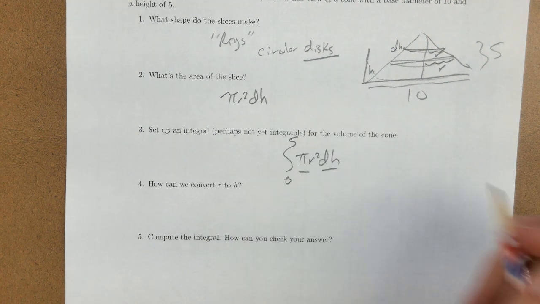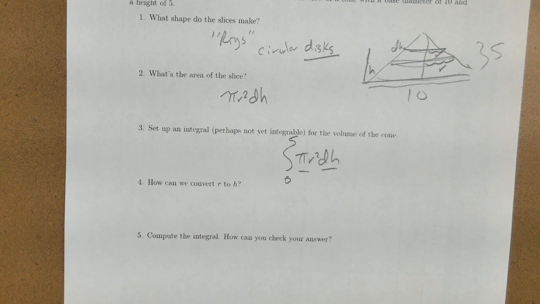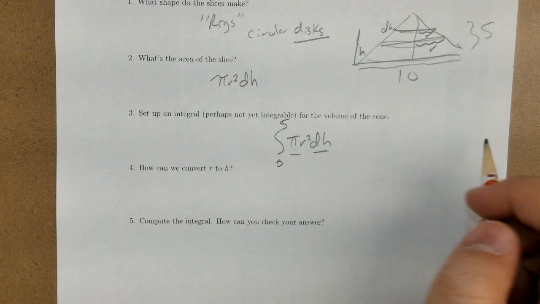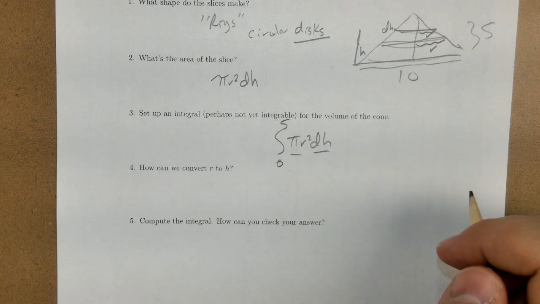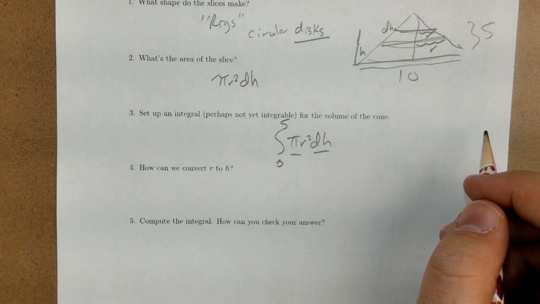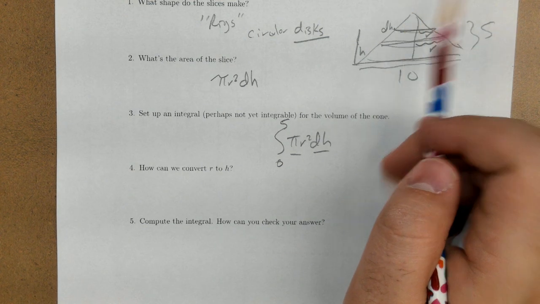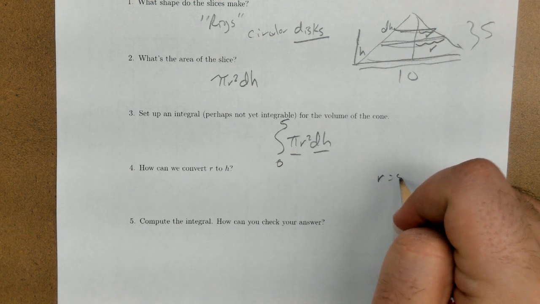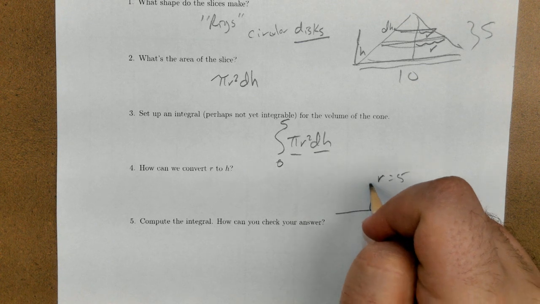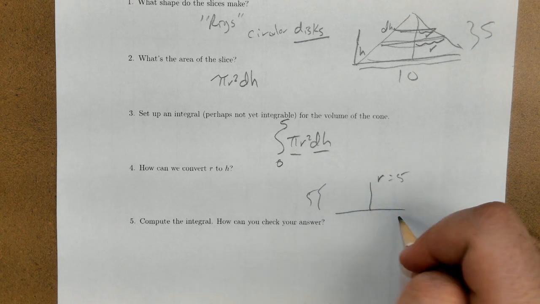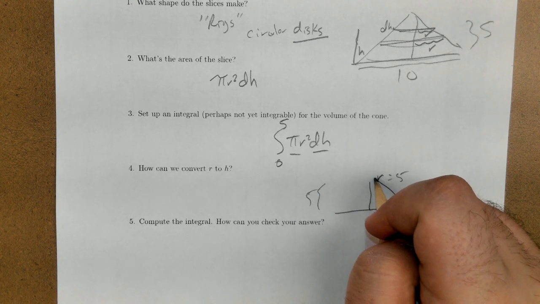So this is a little different than the previous problem, but the side view is still the same. If you think about this whole thing, the diameter was 10, so the radius is 5. Let me draw the shape again. There's 5 here, but this was also 5.